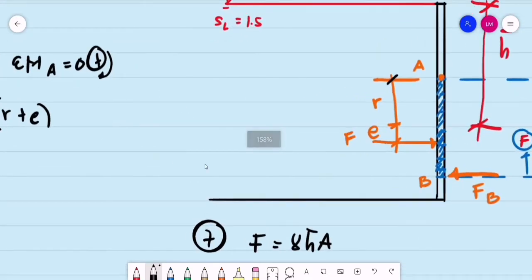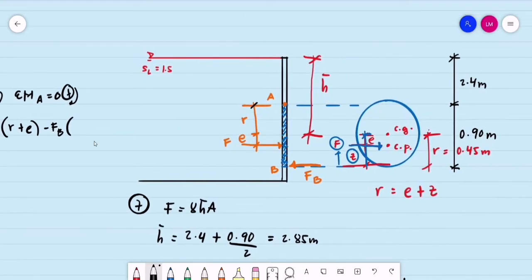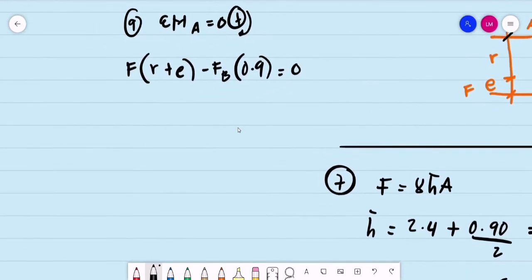Then minus yung force sa bottom of the gate, that is the F sub B times, gaano yun kalayo from point A? Obviously, that is the diameter of the gate. Okay, times 0.9 equal to 0.